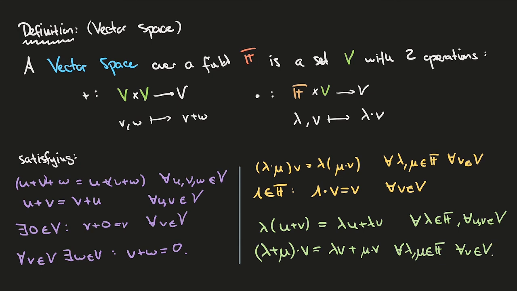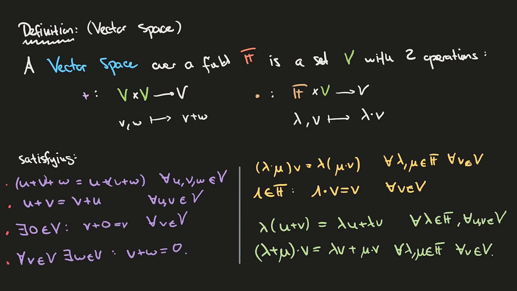In summary, we define a vector space over a field F to be a set with two operations, addition and scalar multiplication. And we want the addition to be associative, commutative, have a neutral element 0, and have inverses.